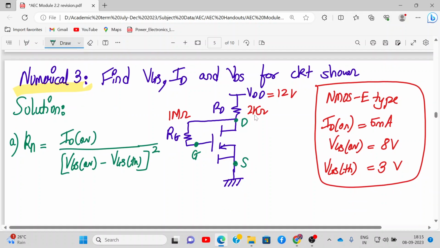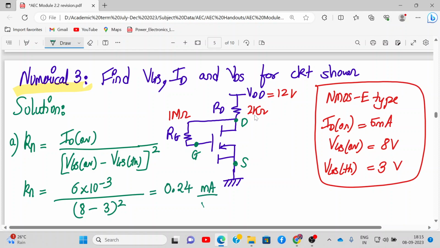So this is 6 milliampere. So 6 into 10 raised to minus 3 divided by (VGS on is 8 minus VGS TH is 3) squared. So tell me how much is this? It will be 0.24 milliampere per volt square.